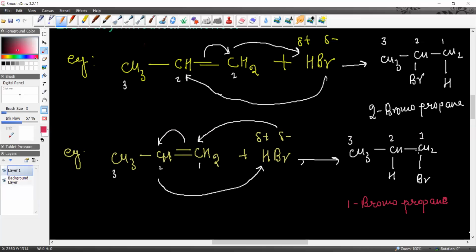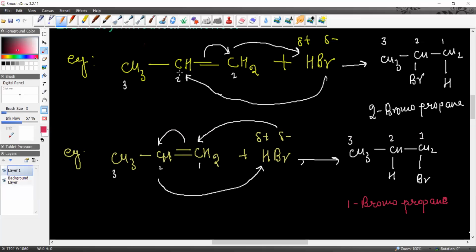And what is the situation here? Now the question arises: is the negative part of the adding molecule attached to the first doubly bonded carbon atom, or the second doubly bonded carbon atom?